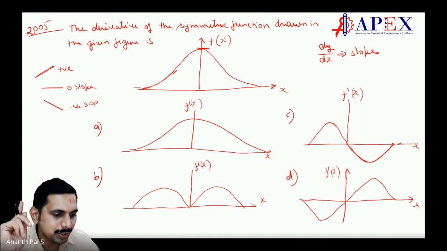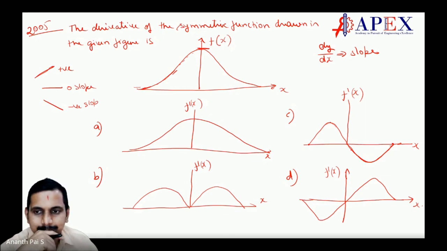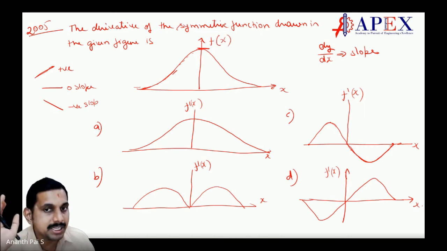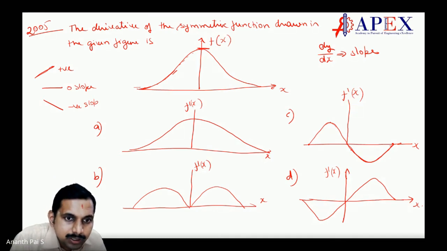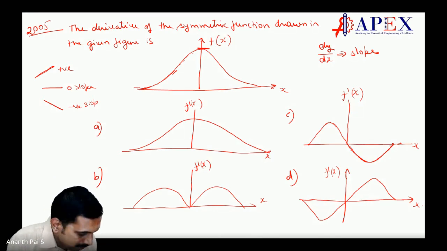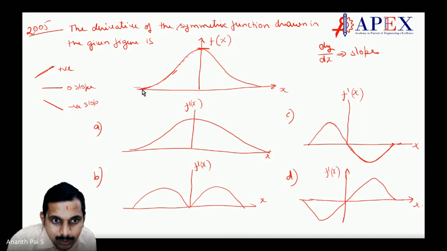Aditya, did you get the point? No, sir, I didn't understand. dy by dx is slope, you know that, is it not? Yes, sir. So if you consider this side, what is the slope everywhere? It's positive slopes only. The slope is less when it is almost horizontal.